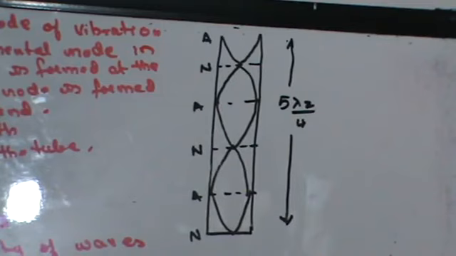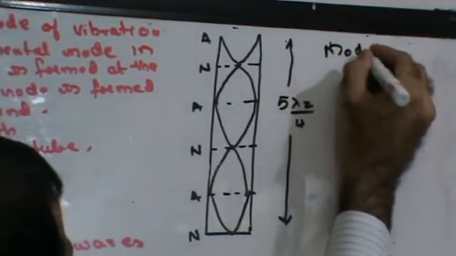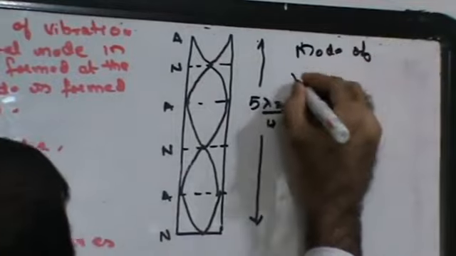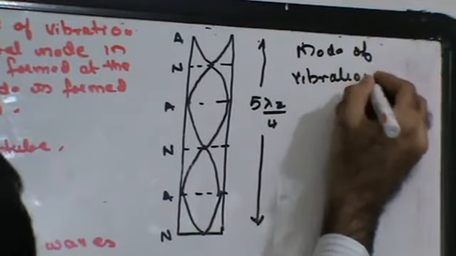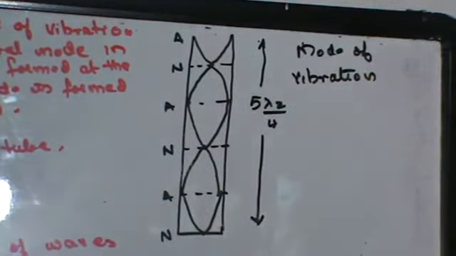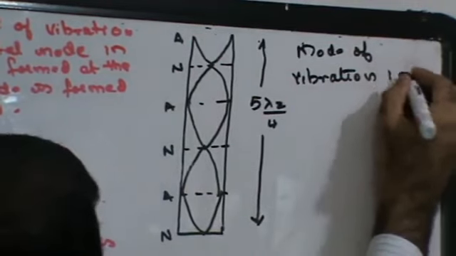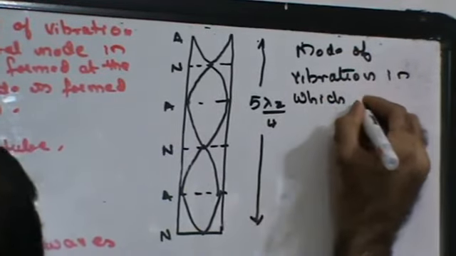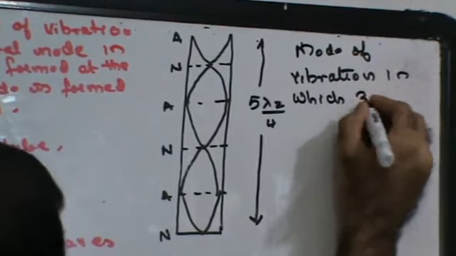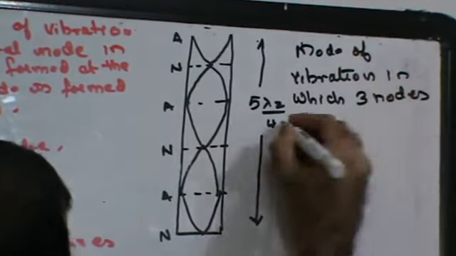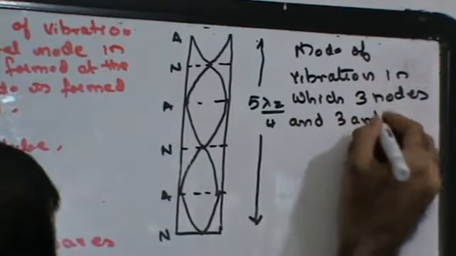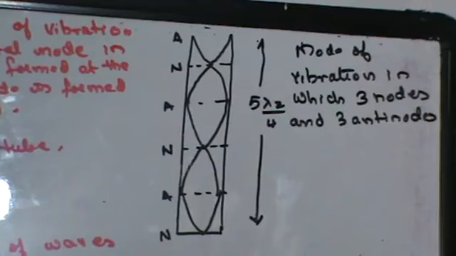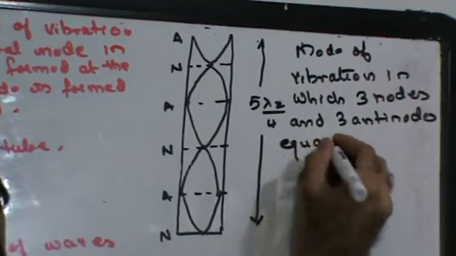Now, let's consider a mode of vibration in which 3 nodes and 3 antinodes are produced, equally spaced in the tube.